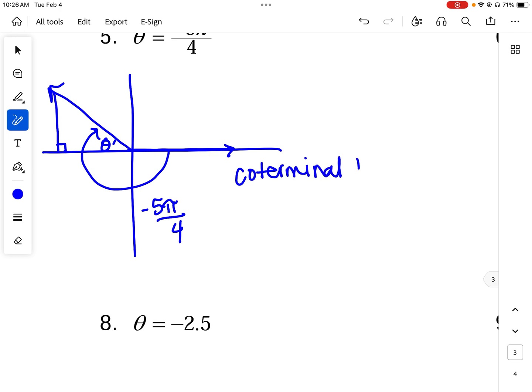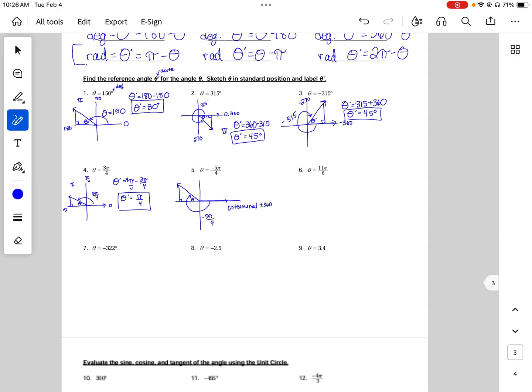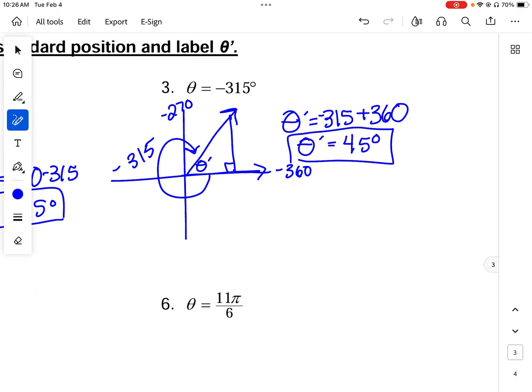To find a coterminal angle, you plus or minus 360, which actually is what we were doing here. We did plus 360 and found the coterminal angle, which ended up being acute. That's how we were able to say that theta prime was 45.